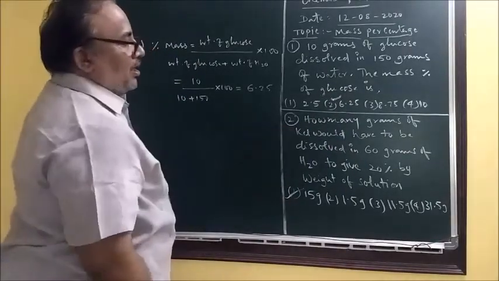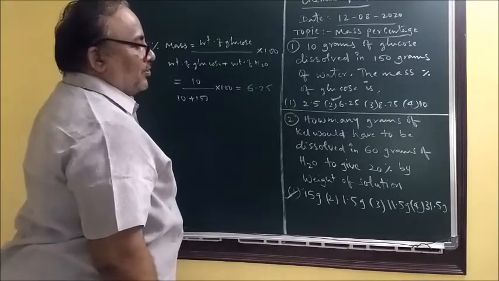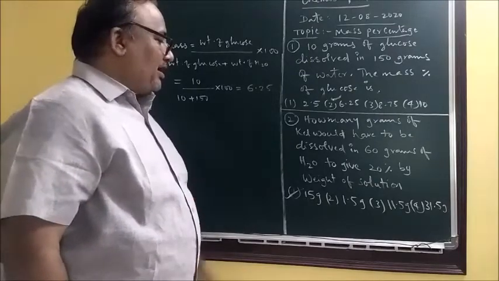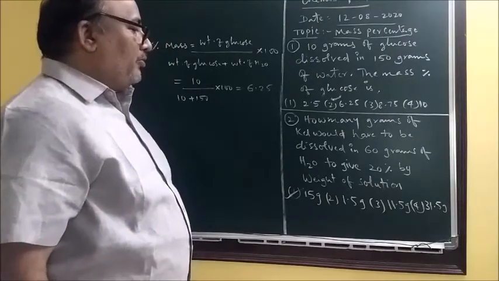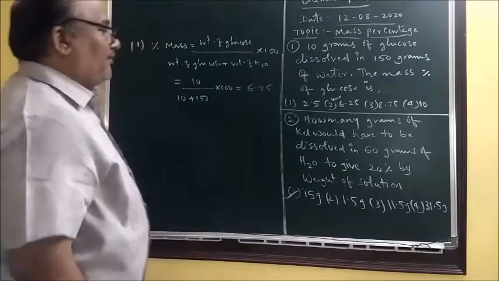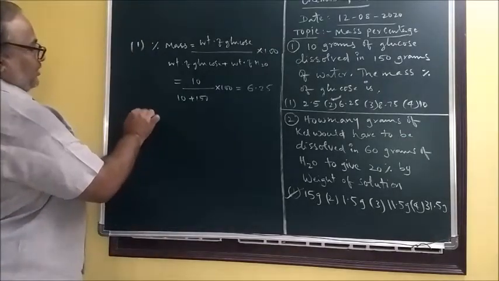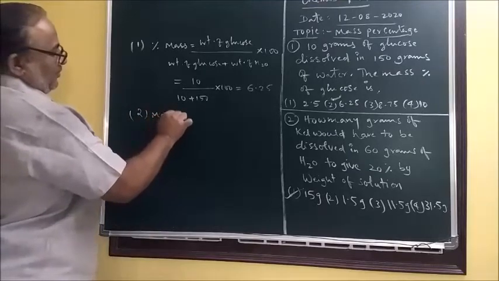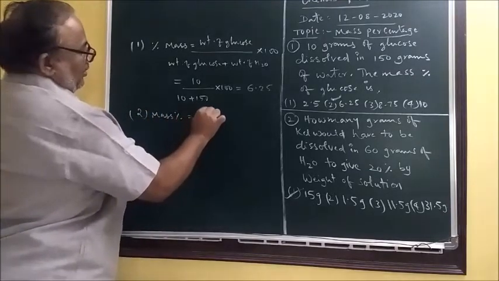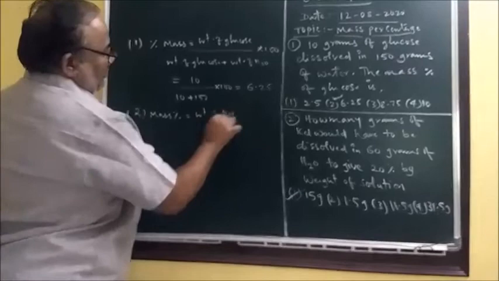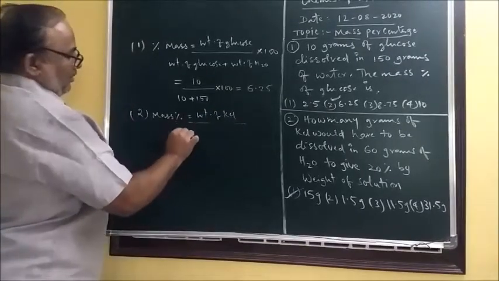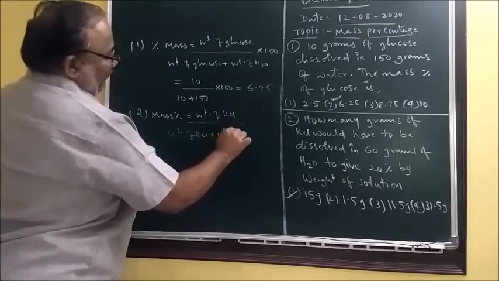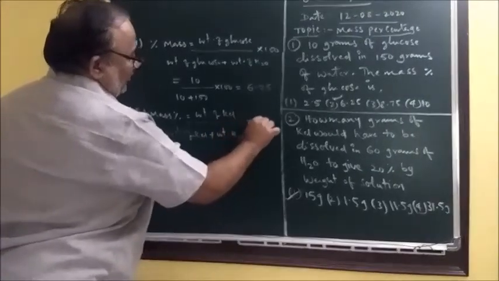Second question: how many grams of KCl would have to be dissolved in 60 grams of H2O to give 20% by weight of solution? So that is the second question. Mass percent is equal to weight of KCl by weight of KCl plus weight of water into 100.